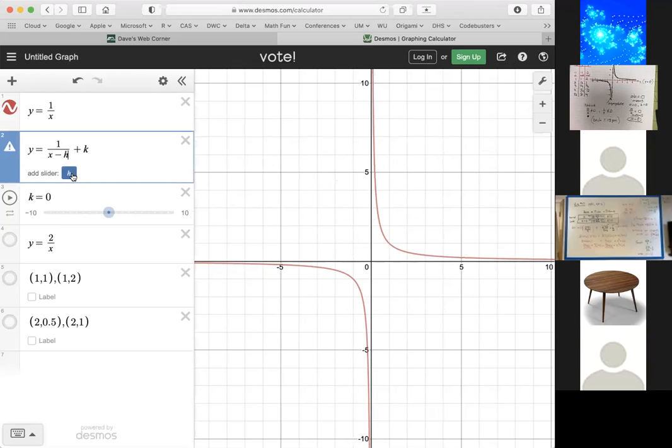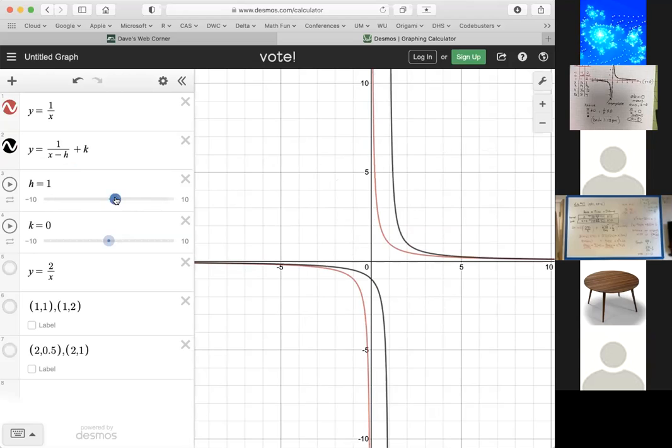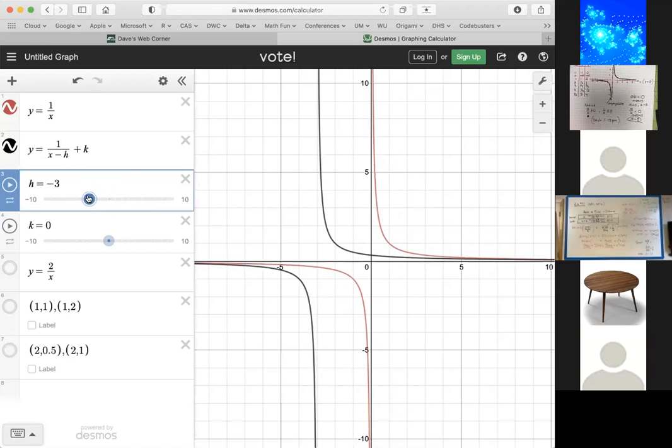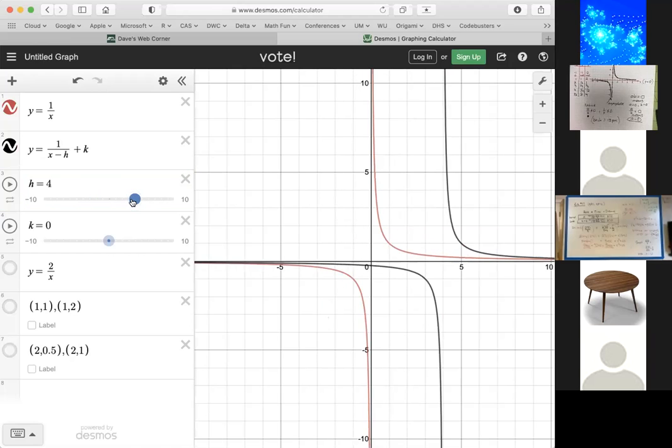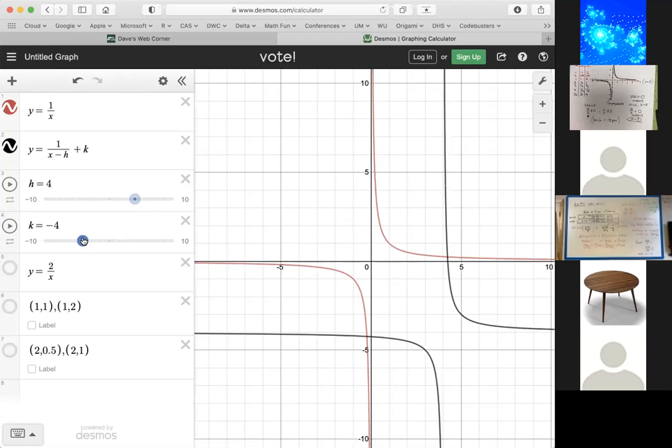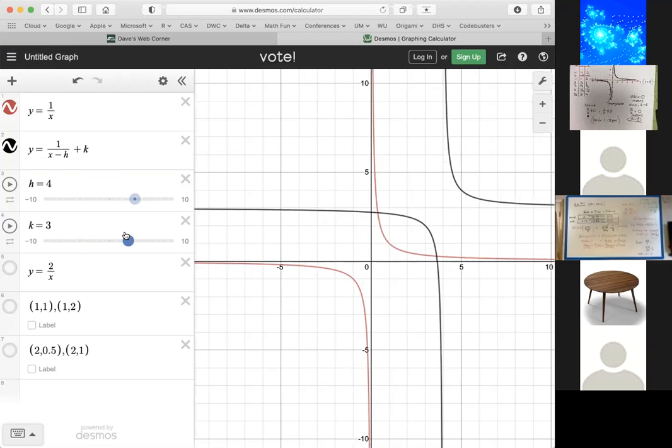Now notice how Desmos says, do you want another slider? So sure, I like the first slider. Let's have another one. So now this black graph can be moved left and right and up and down.